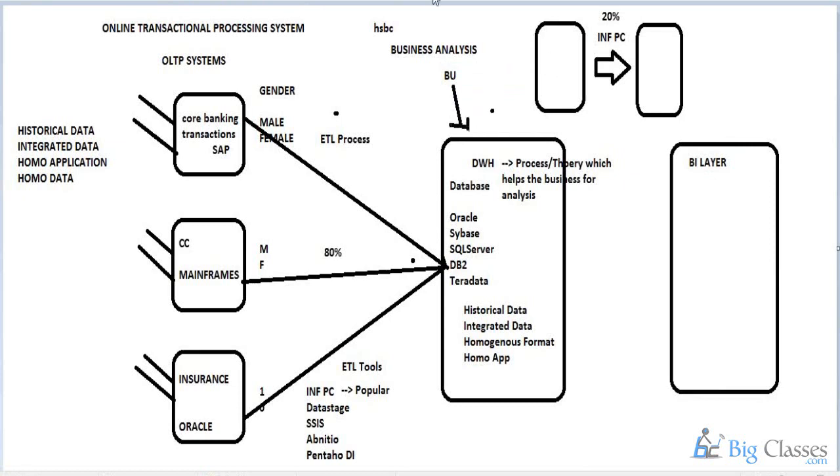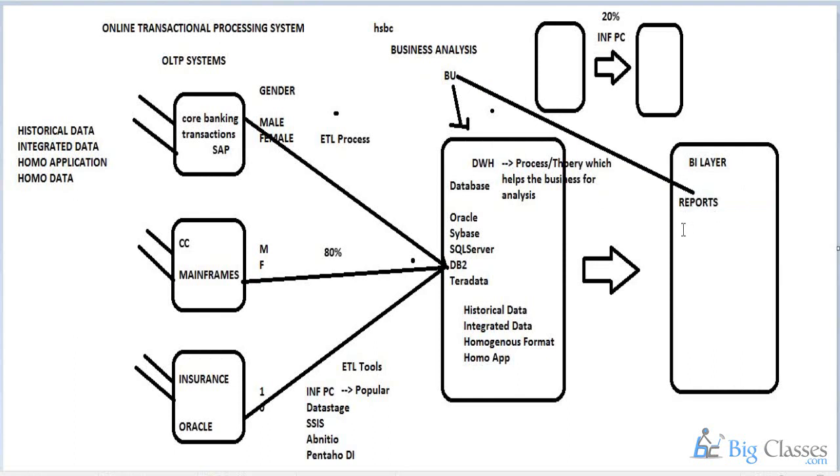So for that purpose, we have a separate layer called the BI layer. Within this BI layer, we present the data in the form of reports. These reports will be accessed by the business users or the decision makers of the company in order to analyze how the business is running.